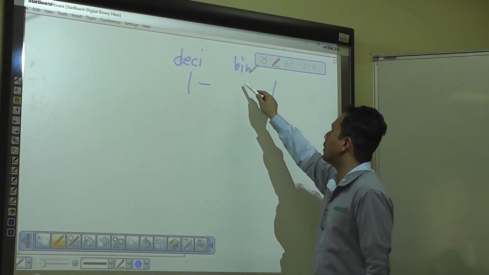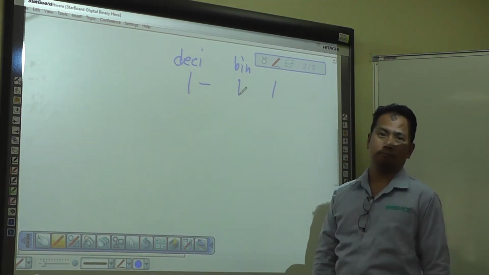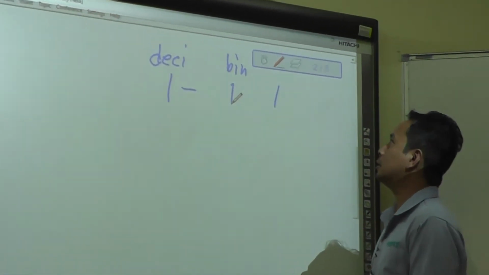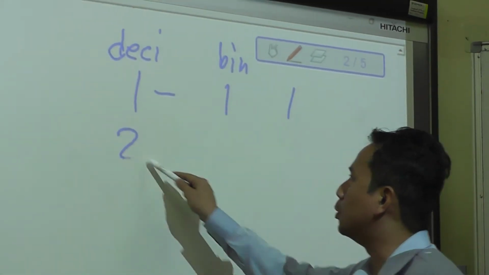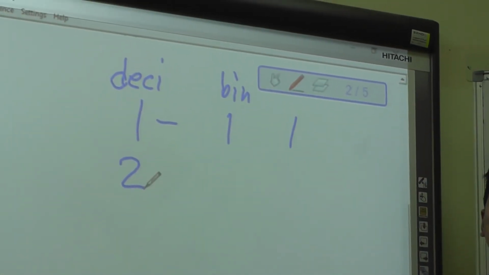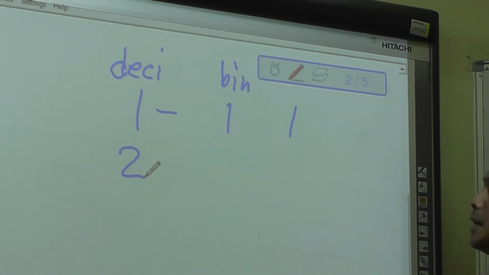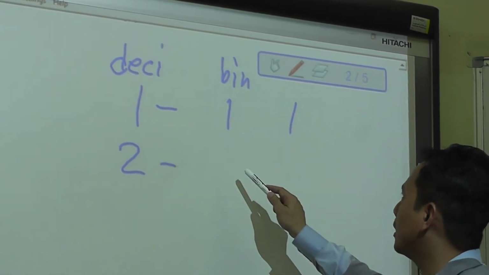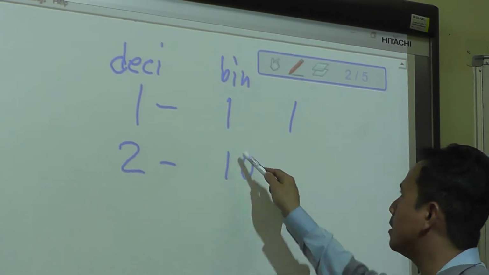For 1, it is 1. How about 2? How could we get the number 2? To get the number 2, we have to say 1 and 0.